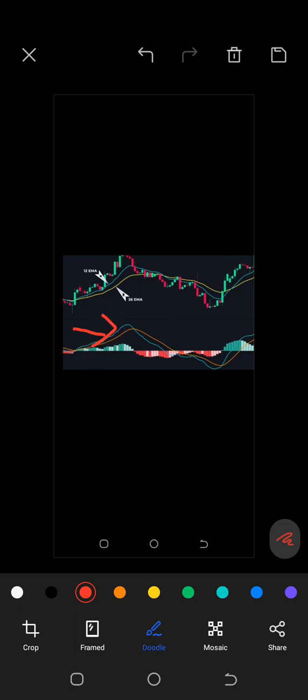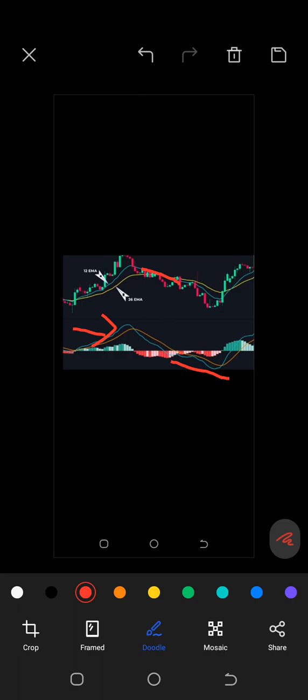Simple. Likewise, when the 12 EMA moves below the 26 EMA, the MACD line will be below the zero line, as you see here. You see that when it crossed below, the MACD line moved below the zero line.